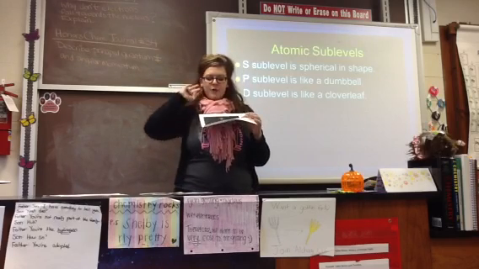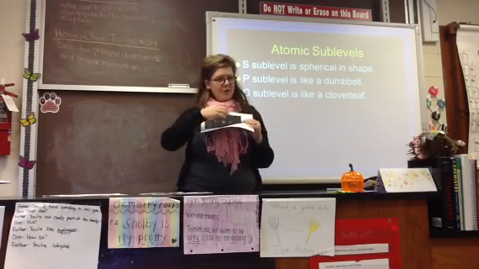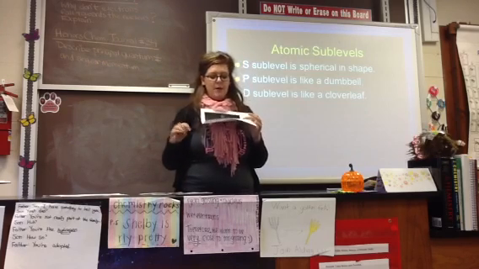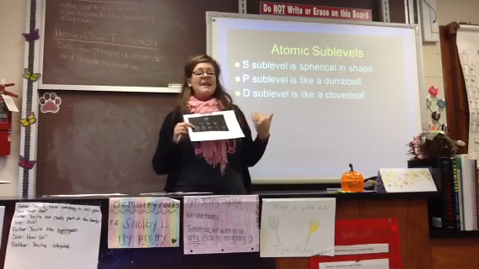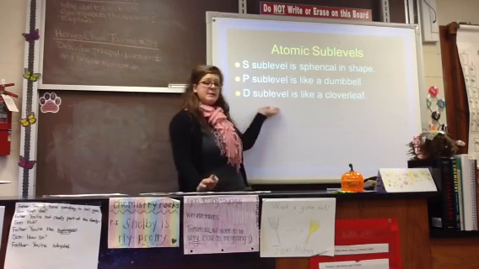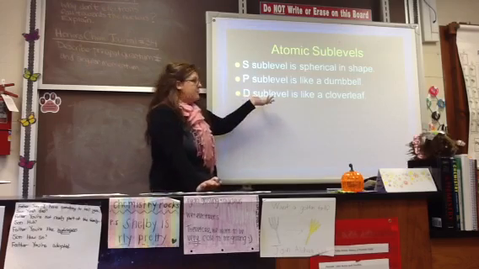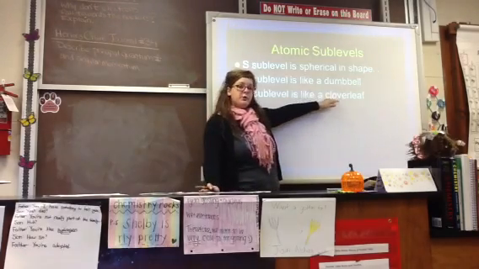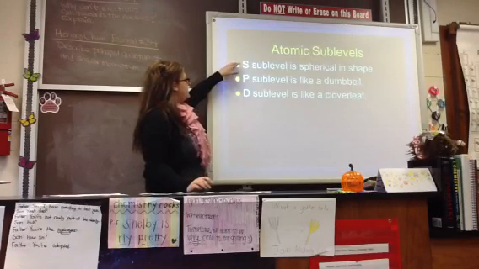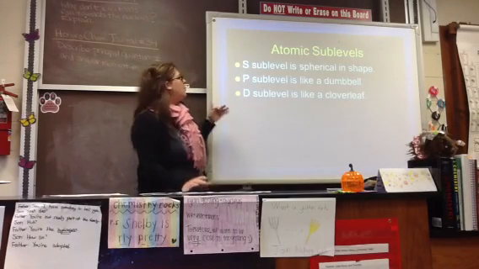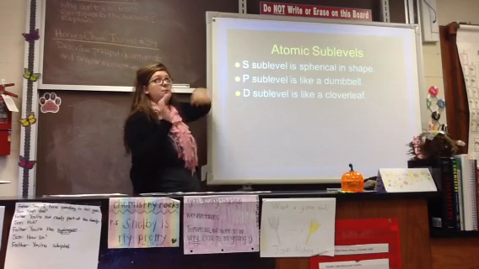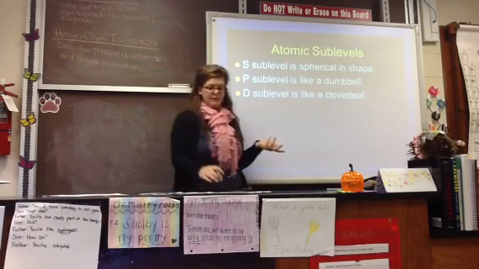For the most part, avoid this dz squared because that shape is kind of random and out there. But the other shapes look like clover leaves, so we say that the D sublevel, or D subshell, looks like a clover leaf. Those are the shapes that these electron clouds will typically take when an electron is found in one of those specific orbitals or sublevels.